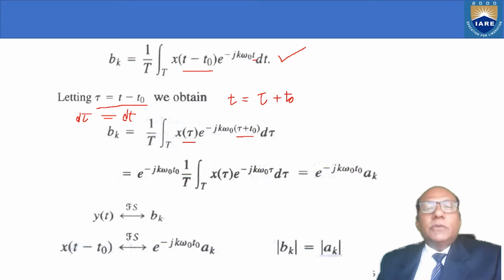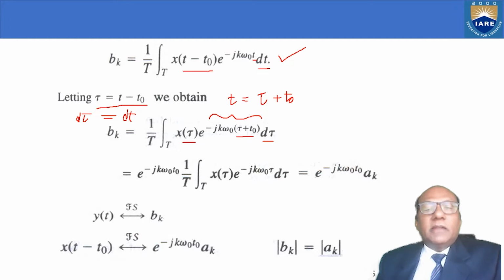So substitute dt with d tau. Now I have substituted everything here. Now I can separate the exponential term, since tau plus t naught is there. The tau term and the t naught term I can separate.